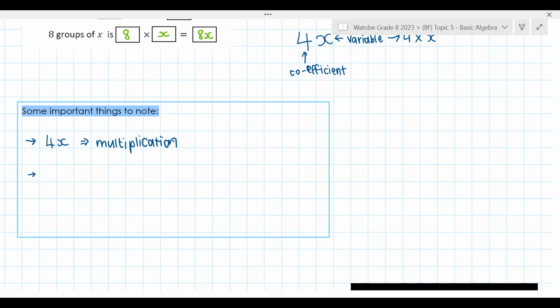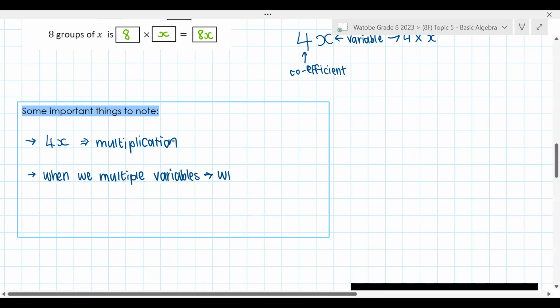Right, the next thing that's very important for us to understand, and this is just like how to write answers down. When we work with multiple variables, and you'll see this in a second, we always want to try write our answers in alphabetical order. So basically what that means is, I'm going to give you an example.